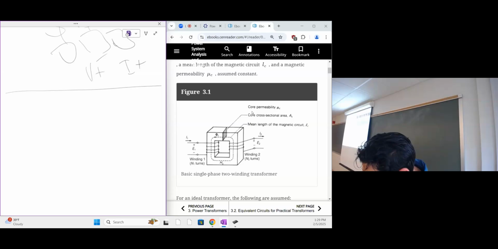And here you have the core permeability, mu C, the core cross-sectional area, this rectangle, and the mean length of the core, this dotted line. It's like the average length of the core, if you'd like to measure. So you don't take the length of this inner square, nor the outer square. We take the one in the middle.